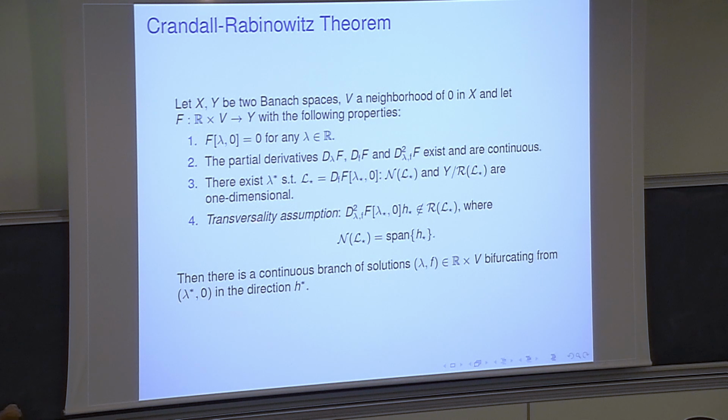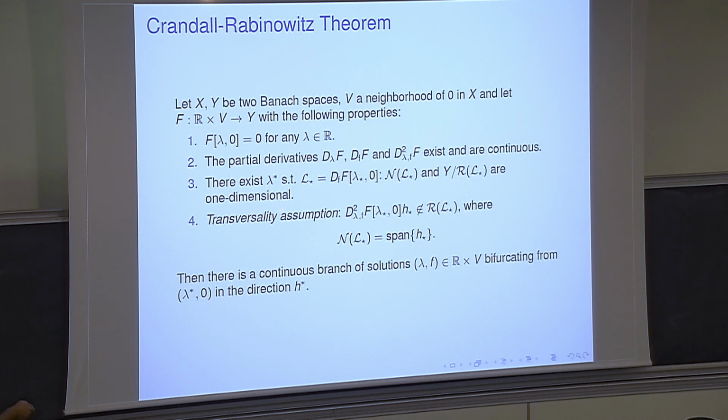And for what is called the transversality assumption, if you apply the second derivative with respect to lambda and f at the point f equal to 0 and lambda star to H star, where H star is the element that spans the kernel of our operator L star, then this must not belong to the range of the image.